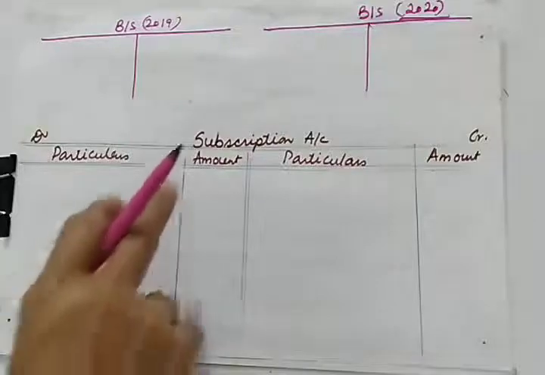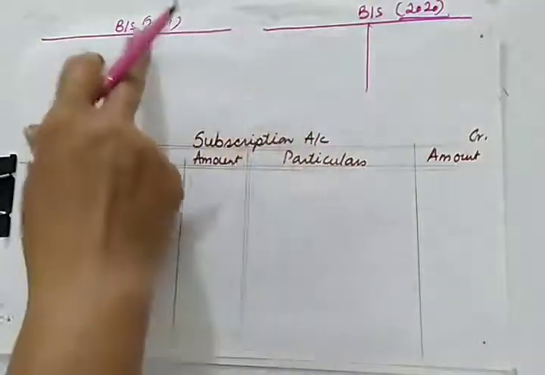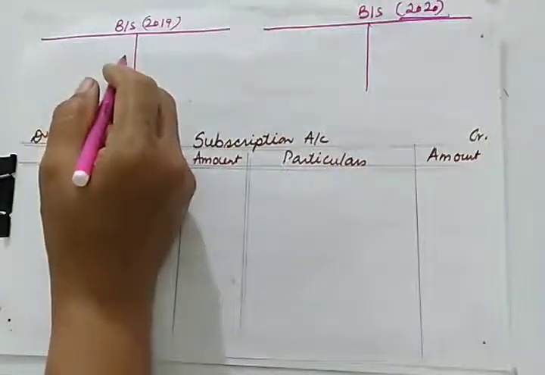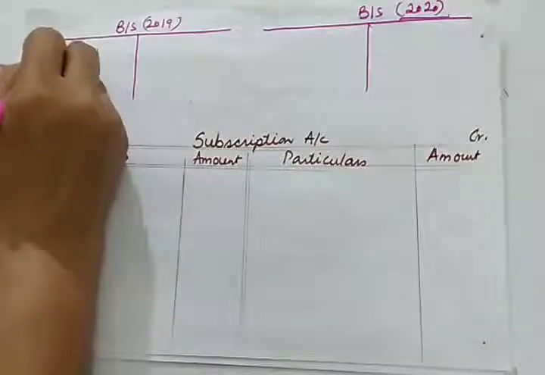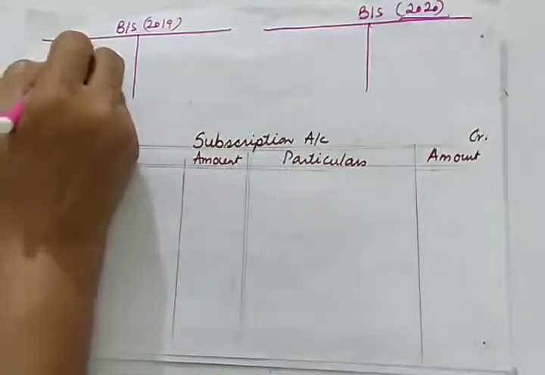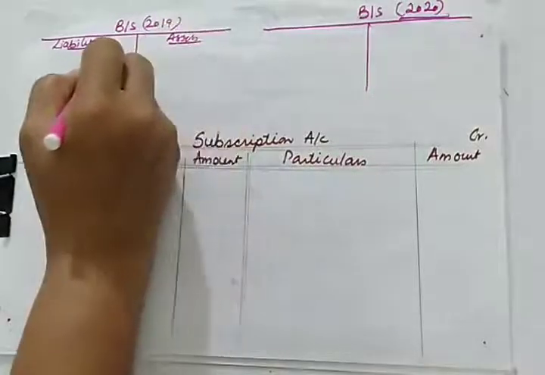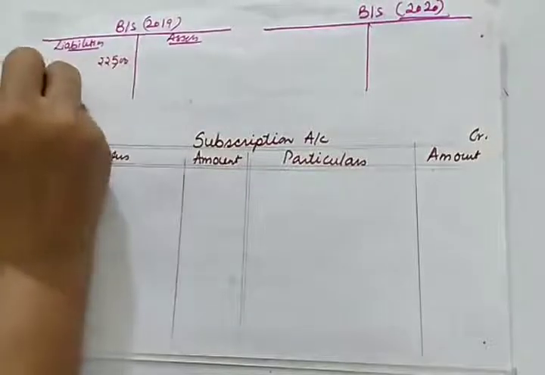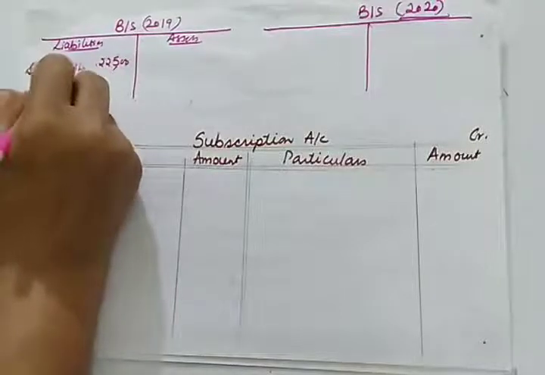So in the balance sheet, first of all, in the opening balance sheet 22,500 is related to subscription received in advance. As on the liability side, we'll be writing 22,500 as subscription received in advance.